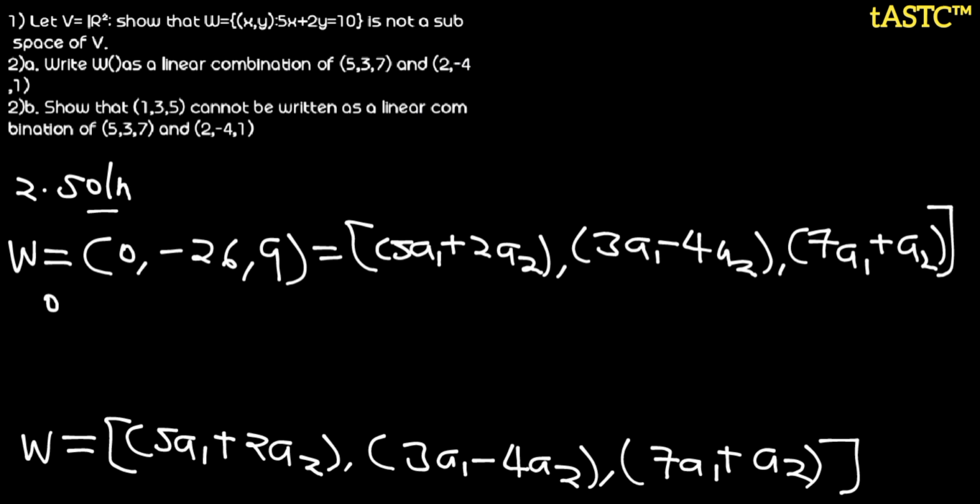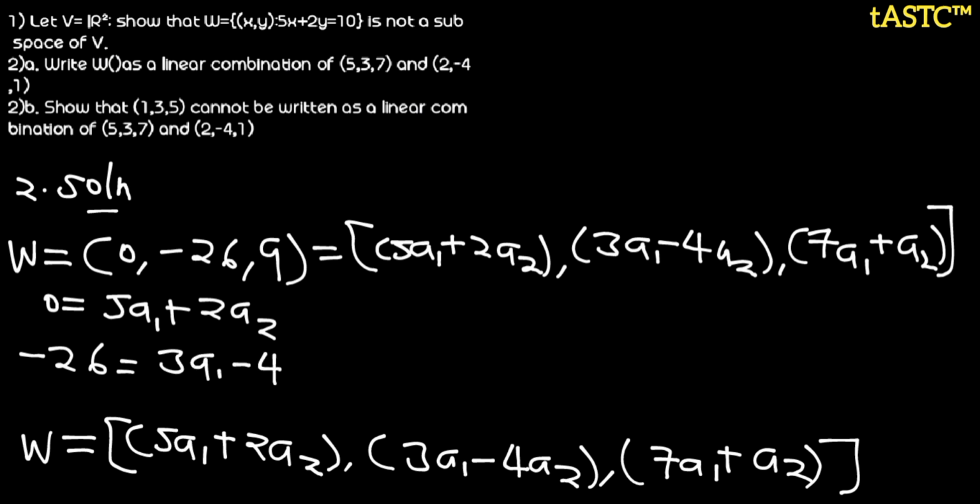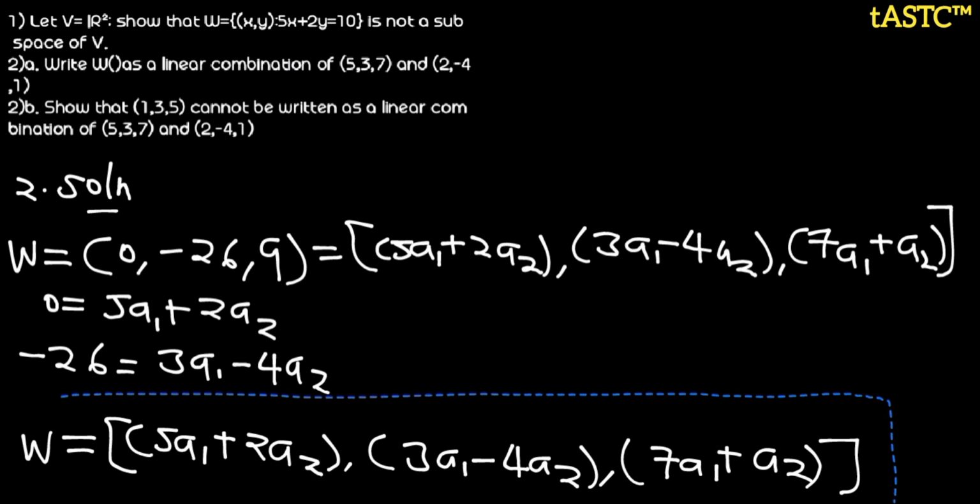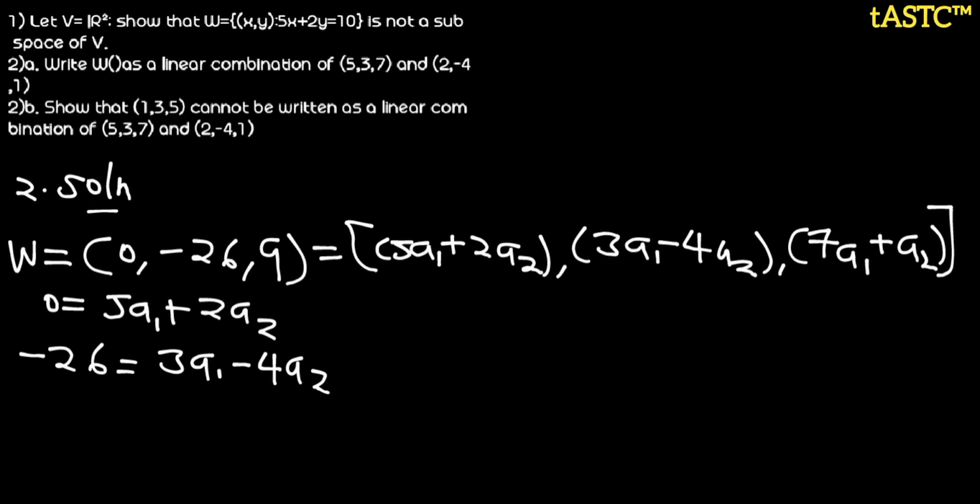First off, we know that 0 is equal to 5A1 plus 2A2. And we know negative 26 will be equal to 3A1 minus 4A2. And we know that 9 is going to be equal to 7A1 plus A2.